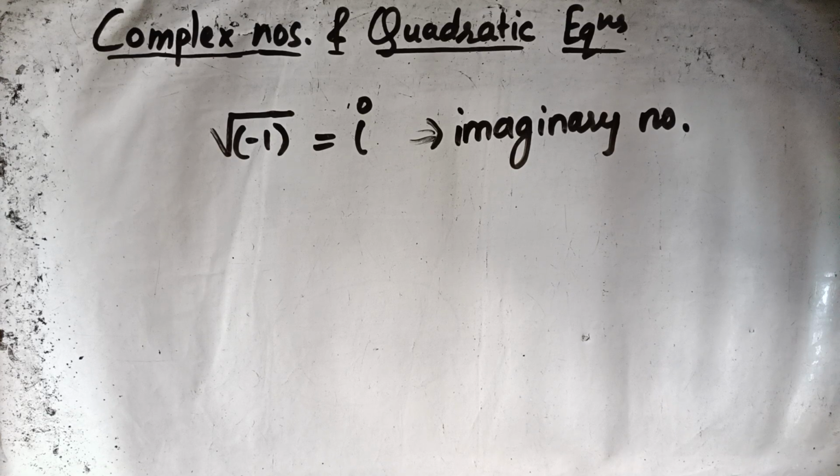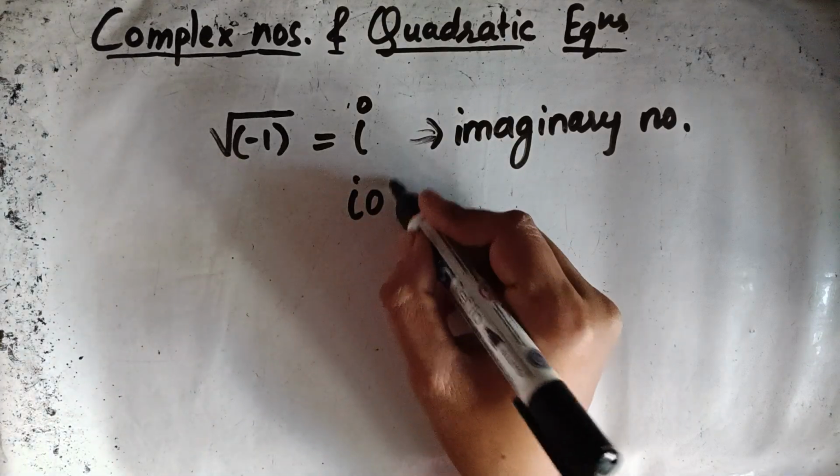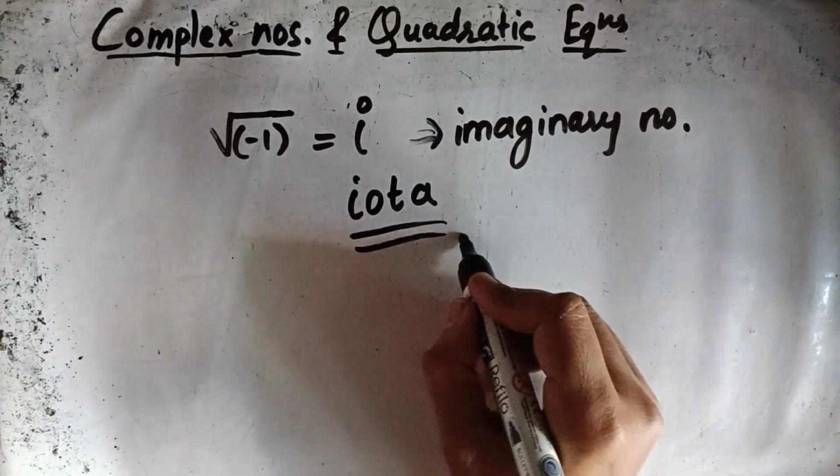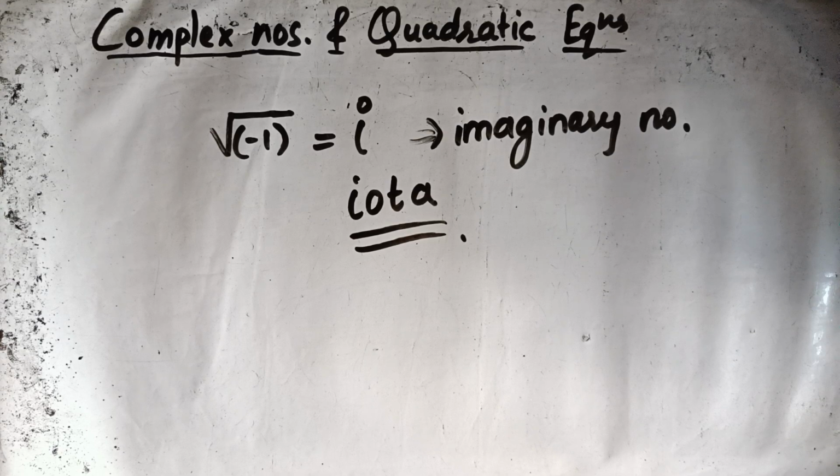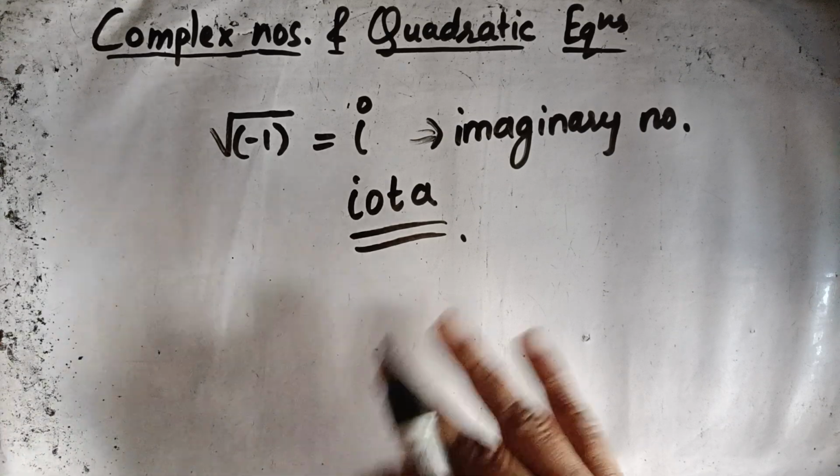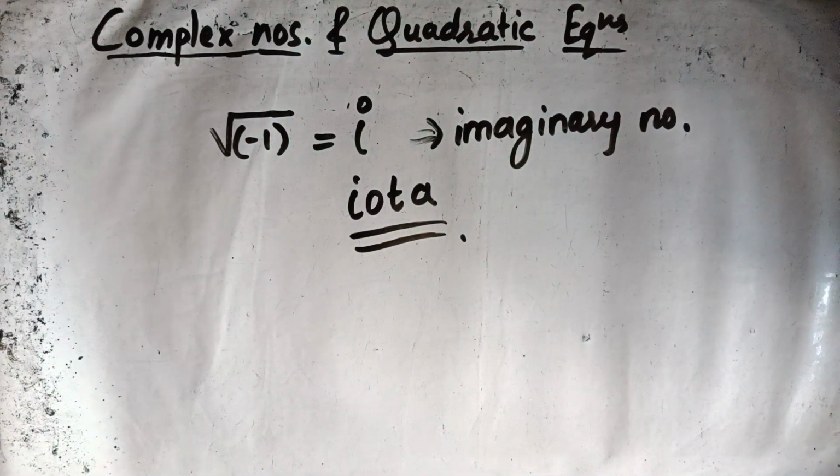It is also called iota. So this is a part of a complex number. So first we'll learn about this i.